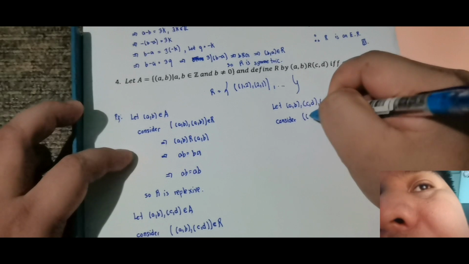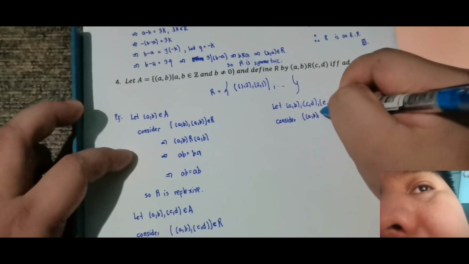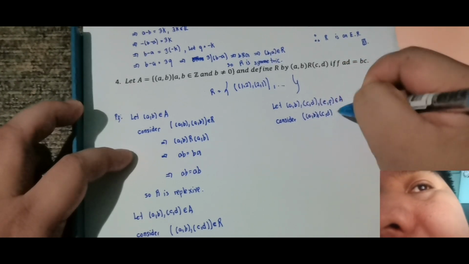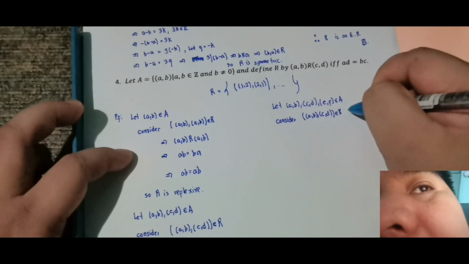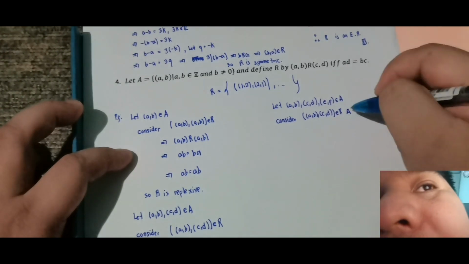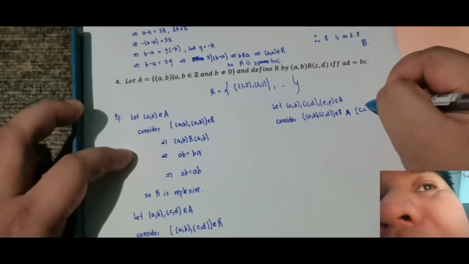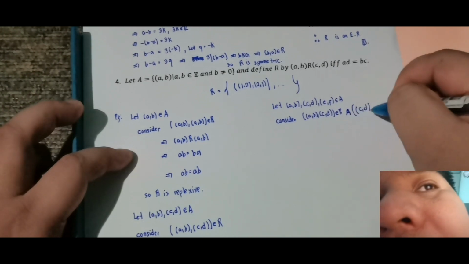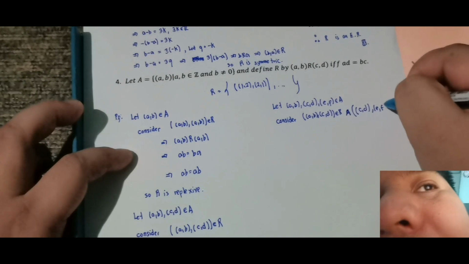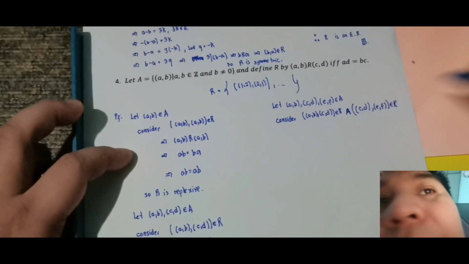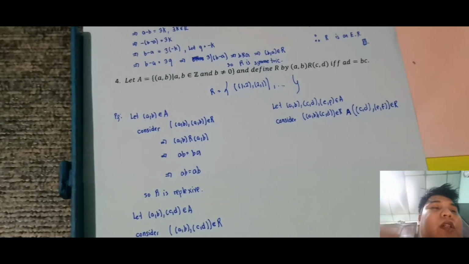So, una, si AB and CD element of R, and si CD and EF element ng R. Okay, so another thing, huwag ka rin malito dun sa grouping symbol. Ako nga medyo nalilito na rin eh.